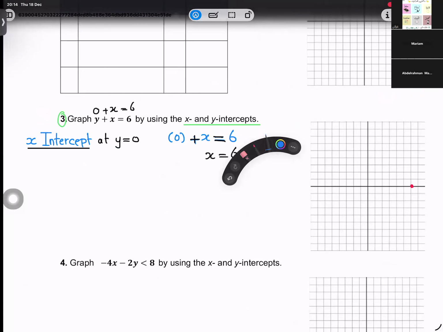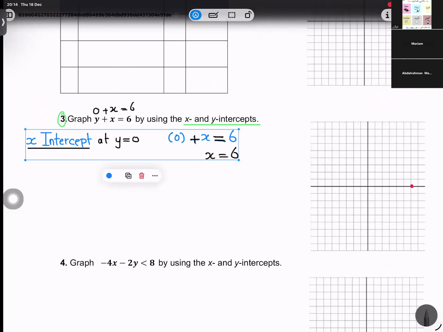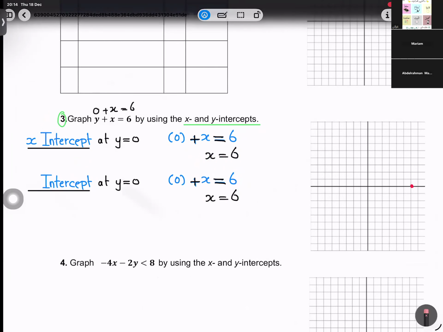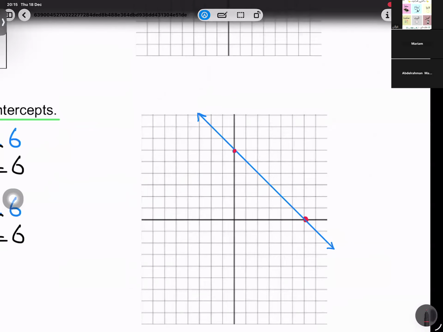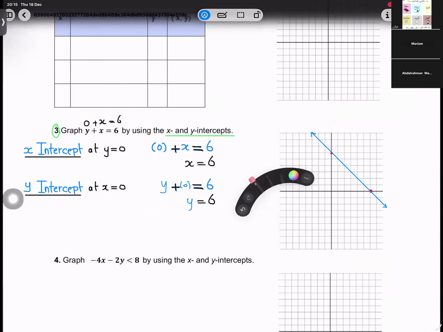It is also 6, because it's the same. When x is 0, y plus 0 equals 6. Perfect. So here, okay.